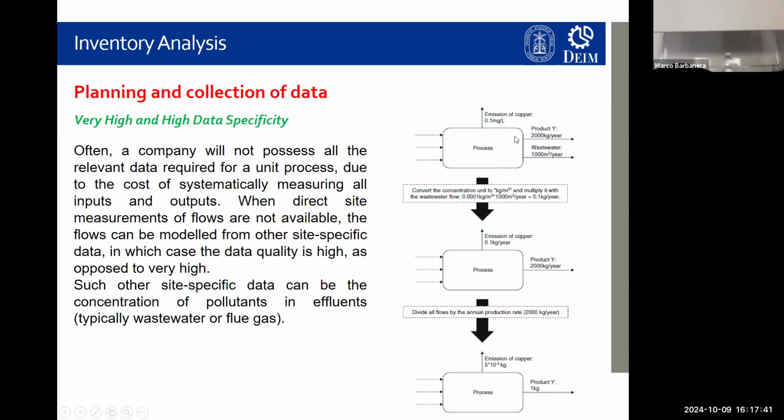So in this case, we have to convert these 0.1 milligrams per liter of emission of copper to an amount of emission of copper expressed in terms of 1 kilogram of output product. So here you can see mathematical operations to reach the final expression of this kind of output, but it's not very important.